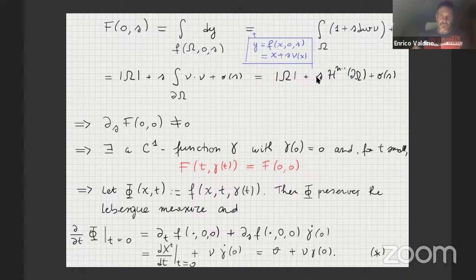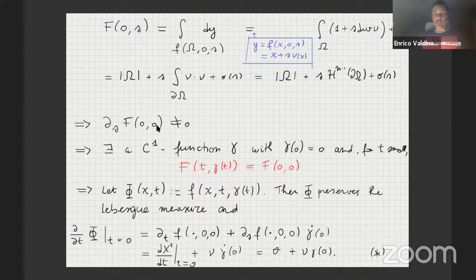So if you see the first order, basically you have a constant, which is the volume of omega, and then the first order in s is just the area of the boundary of omega, which is a number, it's not 0. Okay, so the derivative with respect to s is just a number which is not 0.